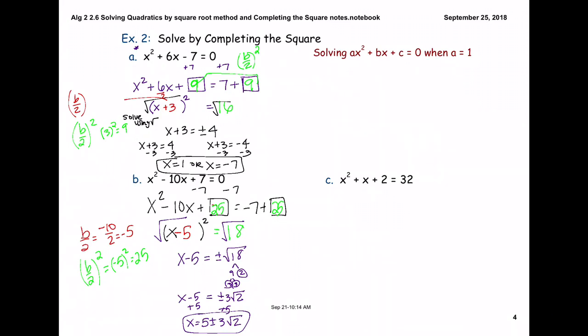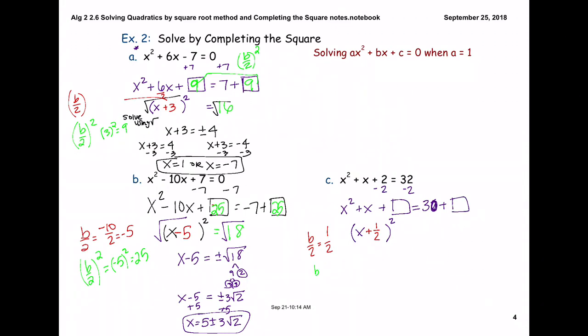On example C, you notice that there is a 30 already on the right-hand side, which is okay. The inverse of plus 2 is minus 2, so we have x squared plus x plus box equals 30 plus box. Set up your perfect square. Your b divided by 2, 1 divided by 2 is going to remain a positive 1/2.